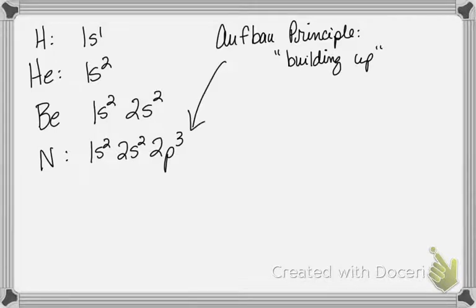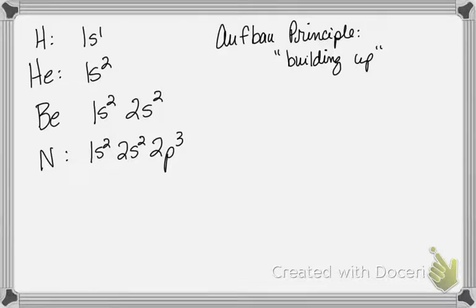Guys, you're already doing that. What the Aufbau principle is telling you is, we're starting at 1s every time, and we fill it up: 1s2, 2s2, 2p3. For nitrogen, you wouldn't just say 2p3. You start from the beginning. So that's the Aufbau principle.